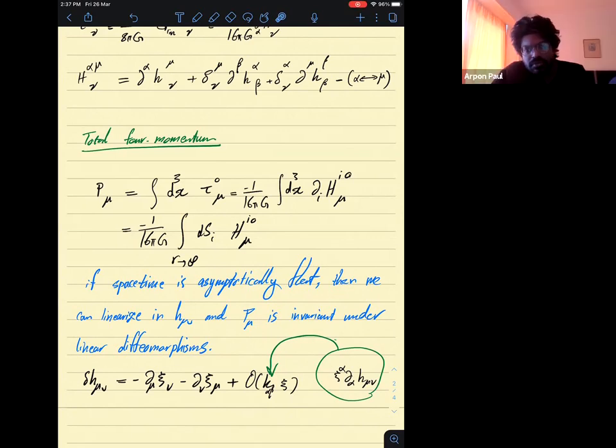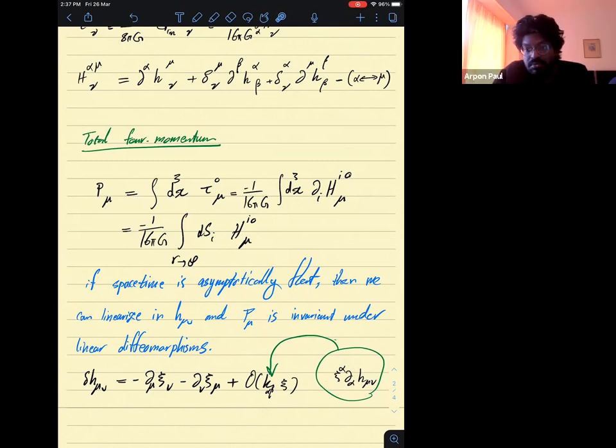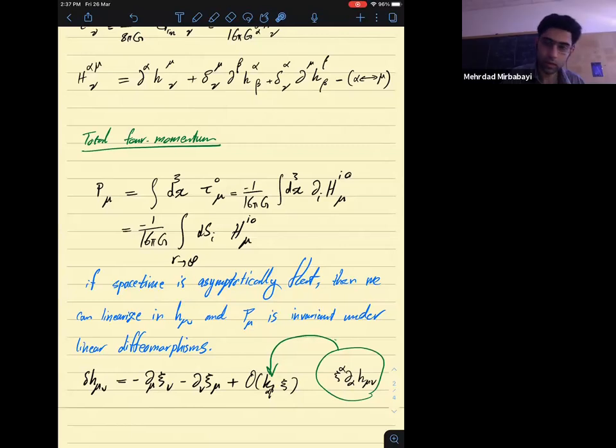So can we conclude that under this diffeomorphism transformation, P mu transforms as P mu plus xi squared, something like that? No, it's not xi squared. It's always linear in xi. No, I mean the change in P mu, of the order xi squared.